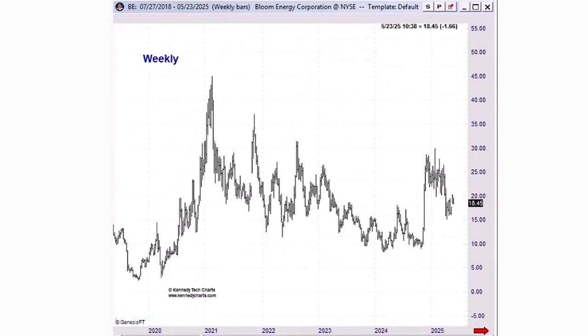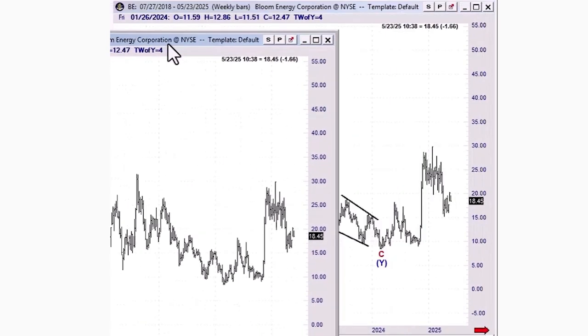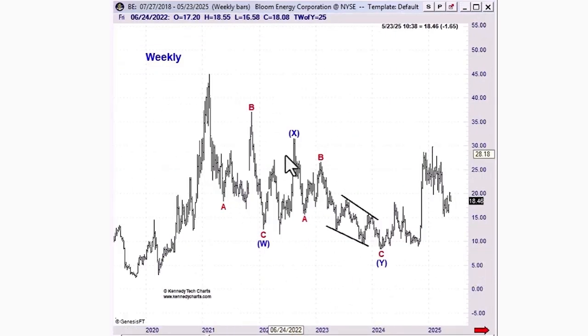Those are the three spots where we find them. Now in this instance, which was kind of cool, this is Bloom Energy Corporation, ticker symbol BE. I think this is an extended correction or a complex correction, i.e., WXY, and it does appear that that final move to the downside, pretty much the price action we saw during the bulk of 2023.